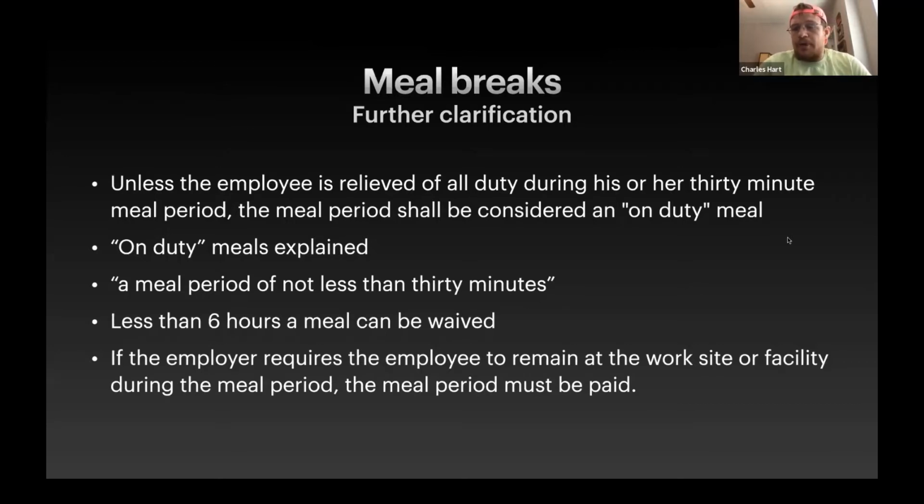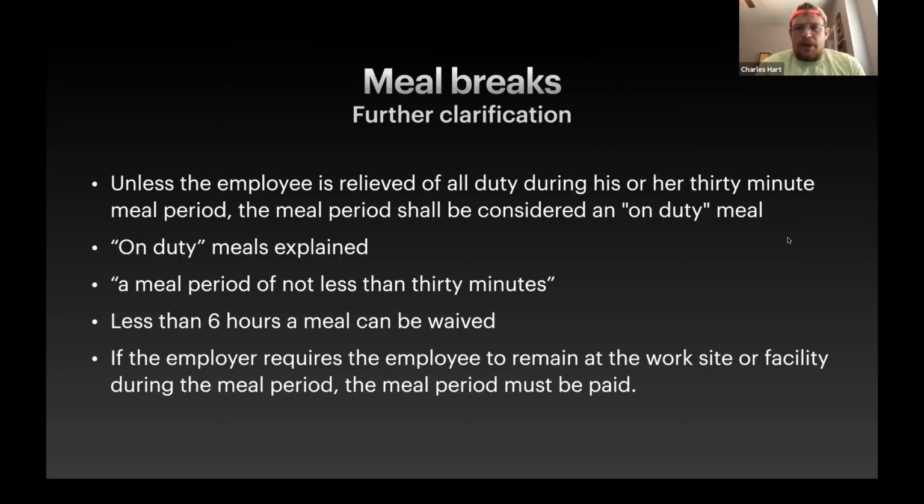You can't require them to take phone calls or to be on call. You can't require them to do anything without violating that and having it designated as an on-duty meal that you don't qualify for, so you're subject to the consequences of violating one of these meal break rules.